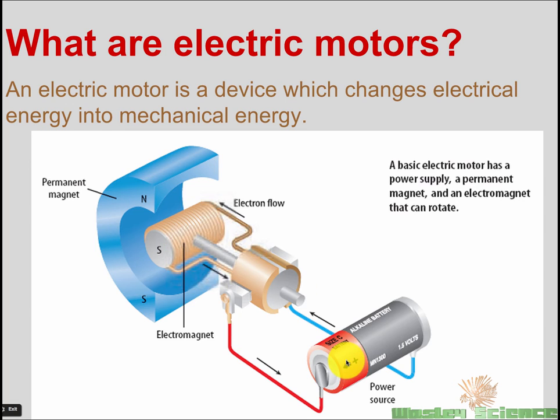The electricity passes through the negative terminal of the battery and comes up to these two plates, which are called brushes. The electrons approach the brush, jump onto this wire, go around all these coils, eventually come to the end of the coil, then pass to the other brush and back to the battery.